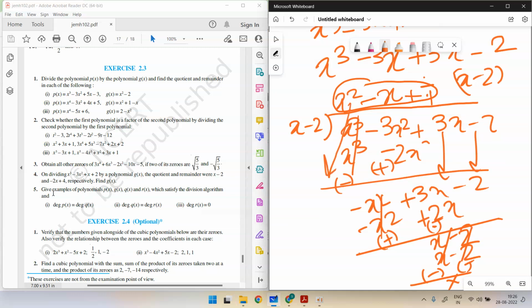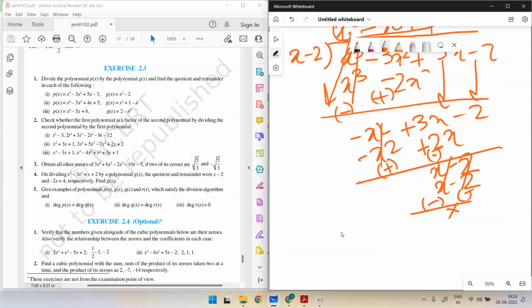That's it. Now fifth: give an example of polynomials p(x) and g(x) which satisfy the division algorithm, where the degree of p(x) equals the degree of q(x).